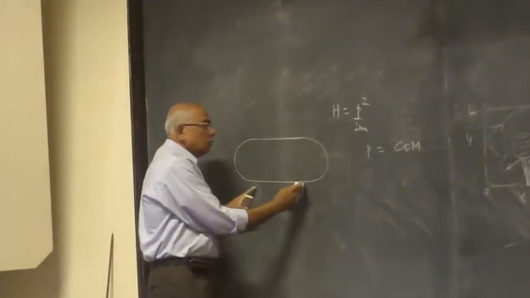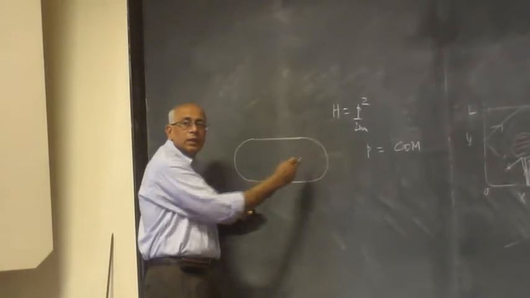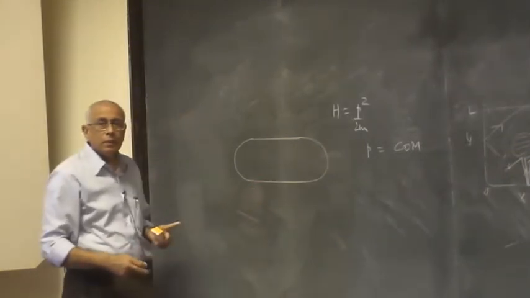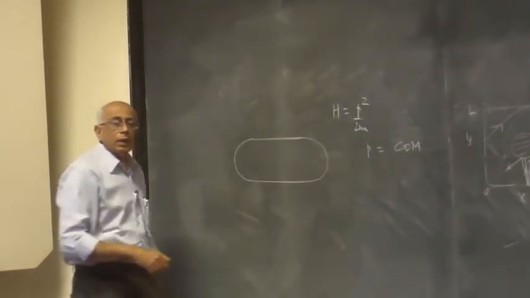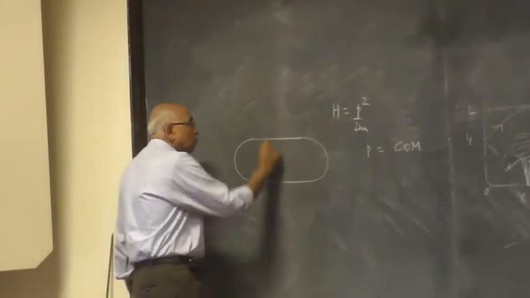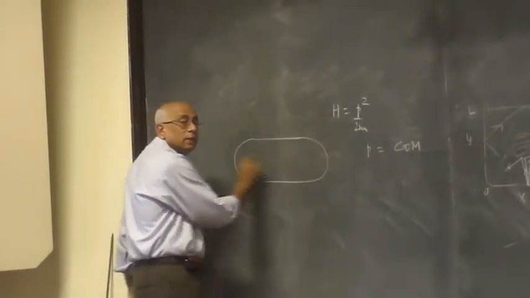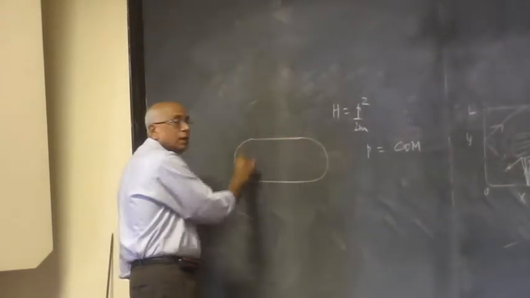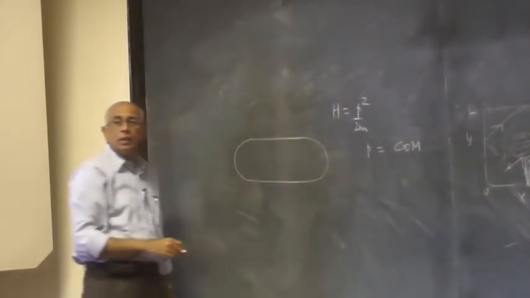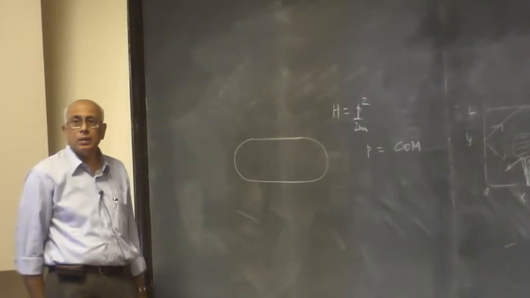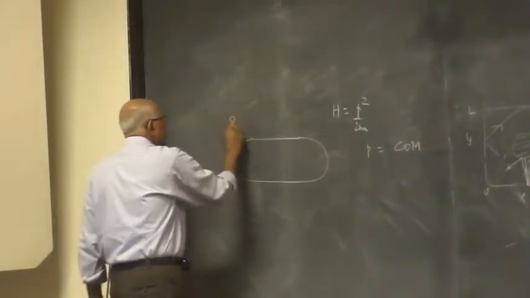So as long as the ratio of this length to the radius of this circle is non-zero, you have chaotic behavior. There are lots of trajectories where it would bounce back and forth between this, or between this and this, or even in more complicated patterns. But in general, you would have chaos in this system. This is called the Bunimovich stadium.